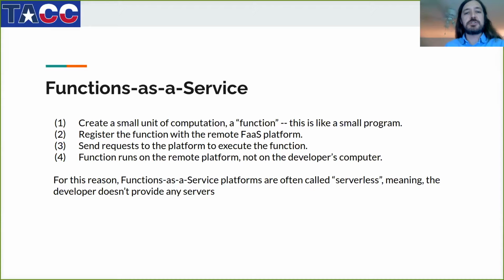Once it's registered, you can send requests to the platform, instructing it to execute that function with certain inputs. So in the end, these functions run on the remote platform, not on the developer's laptop. And that's where the term serverless comes from. The developer isn't providing any servers, but of course there are servers involved on the platform side.